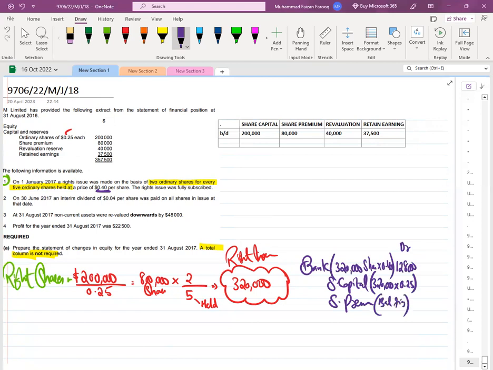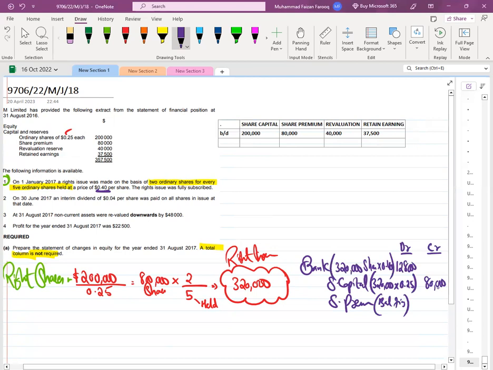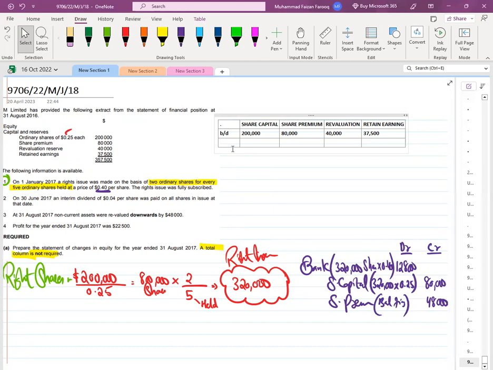So 320,000 into 0.25 is 80,000. So debit is 128, credit is 80. So the difference is how much? The difference is 48,000, which will go to the premium account. We know that share capital and share premium are a part of equity.